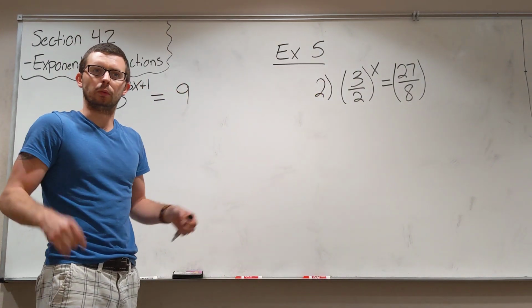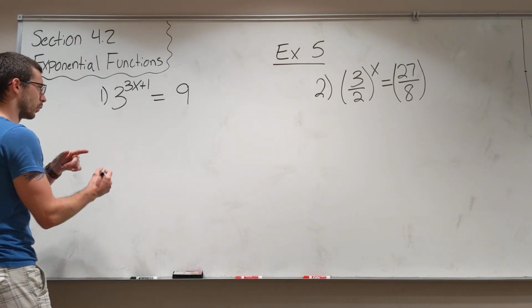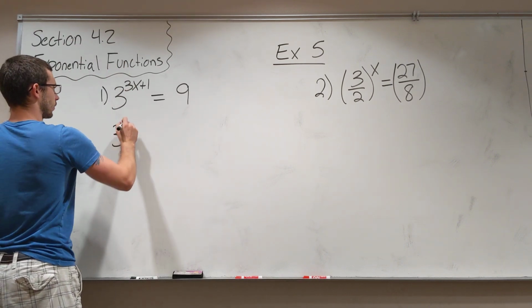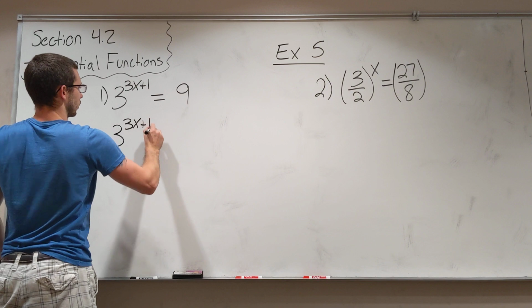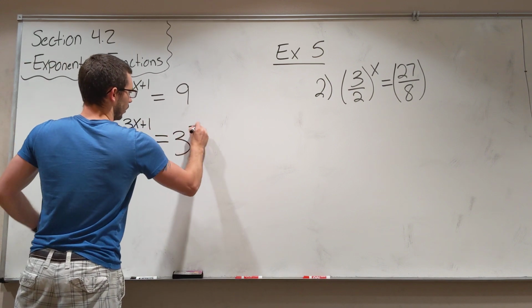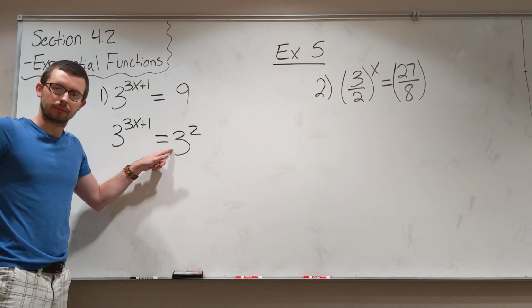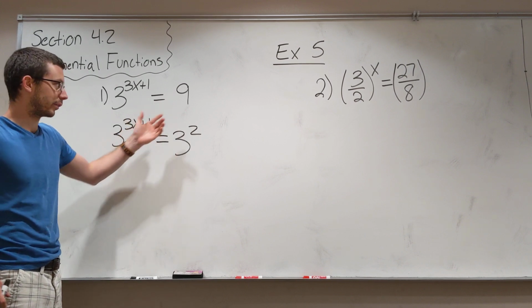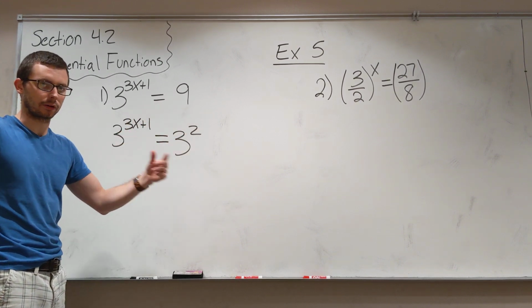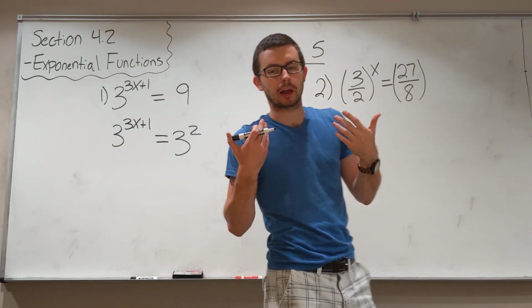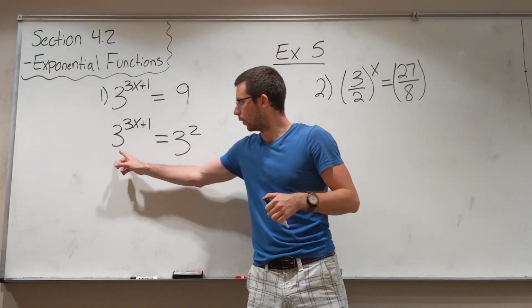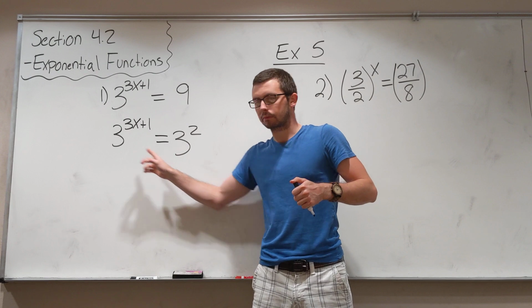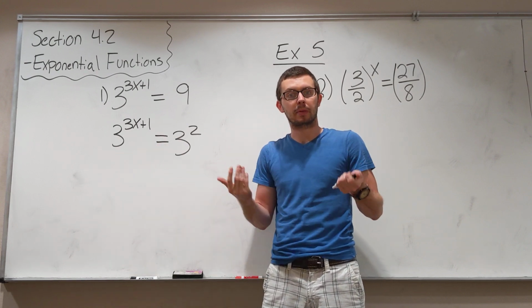And you might think, all right, cool, so what? Let's go ahead and write that fact down. So 9 is 3 squared. I didn't change the problem at all. I simply rewrote 9 as 3 squared. And the reason I did that is because now the 3's are the same base.